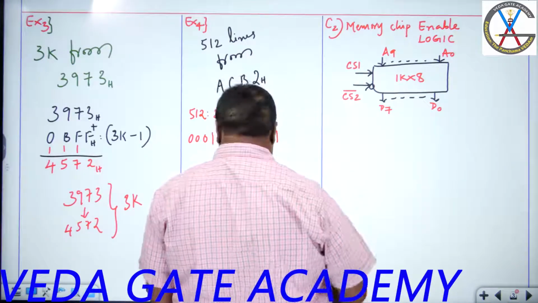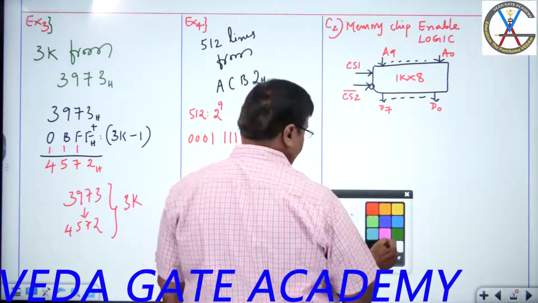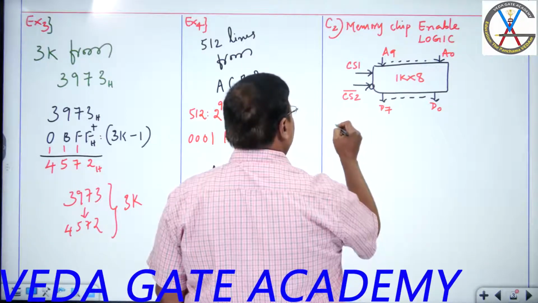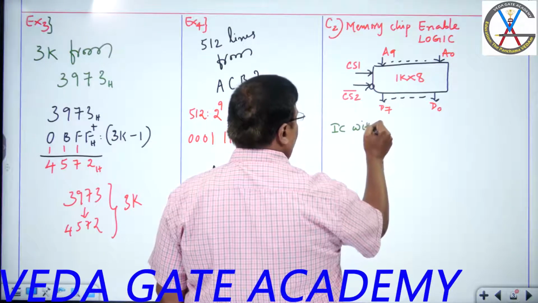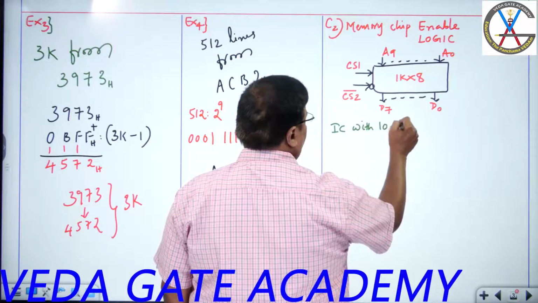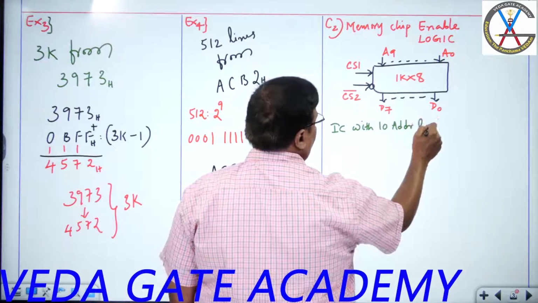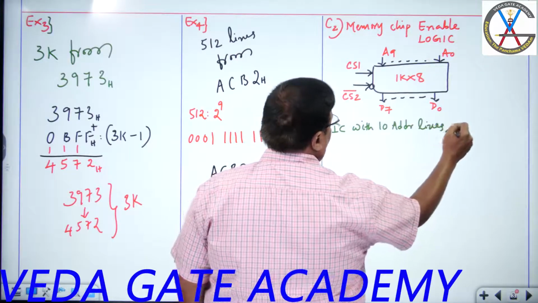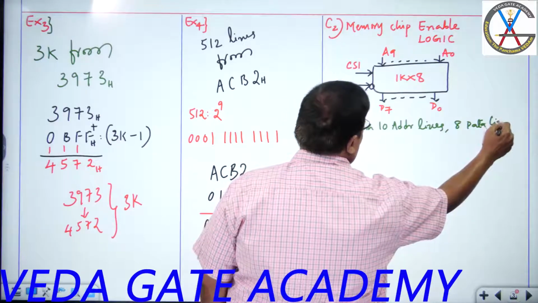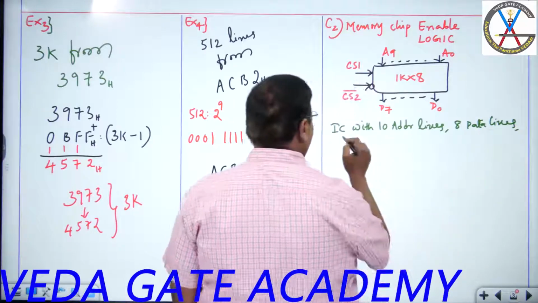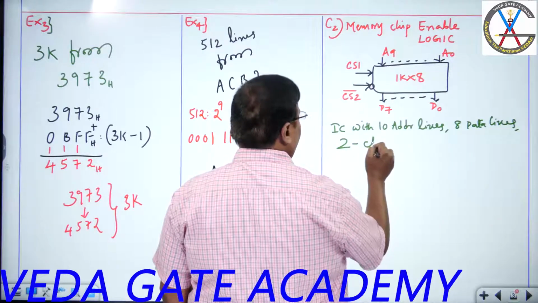So 10 address lines. IC with 10 address lines, 8 data lines, 2 chip enable lines.